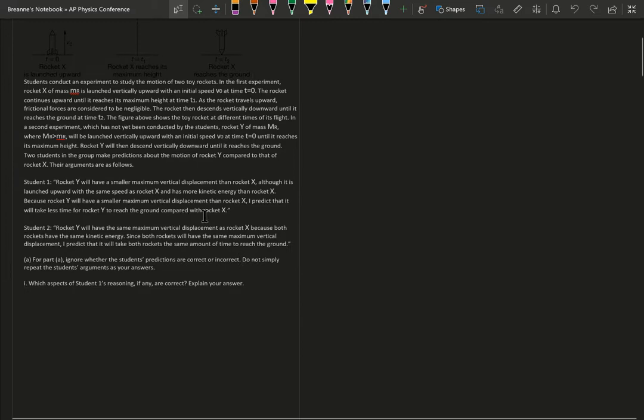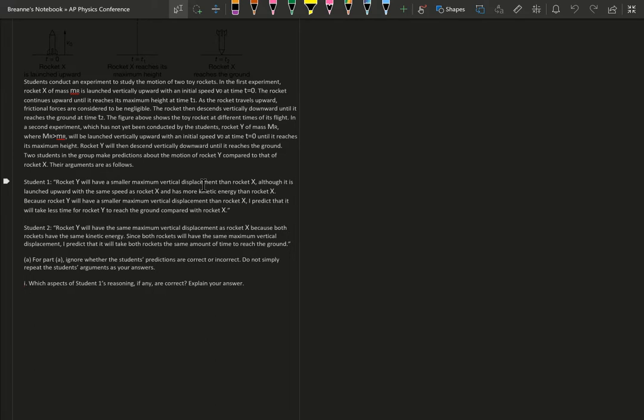As the rocket travels upward, frictional forces are considered to be negligible, so we have no friction. The rocket then descends vertically downward until it reaches the ground at time t2. It's here. The figure above shows the toy rocket at different times of its flight.